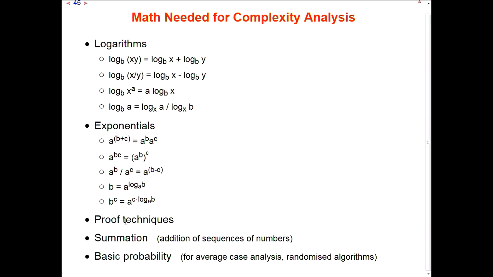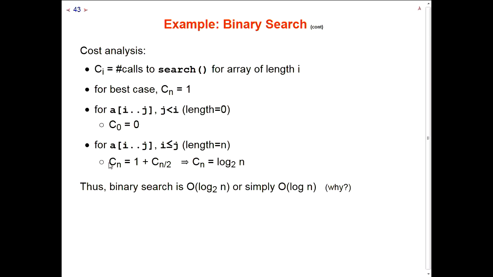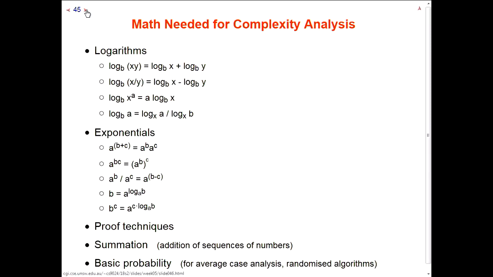Simple proof techniques are often being used for statements. One simple proof technique was used here when I said that we have that recursive equation. What solution does it have? The answer is log 2n. And it can be easily proved.